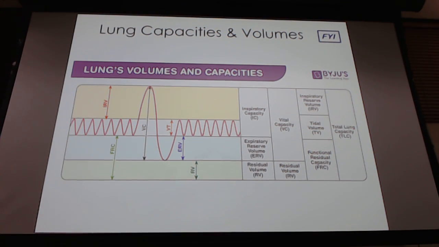So that's made up of several different volumes. So we've got everything that you can inhale. If you're breathing along here, this is normal eupnic breathing. And then you blow everything out. And then you inhale everything you can. And then you get back down to normal.